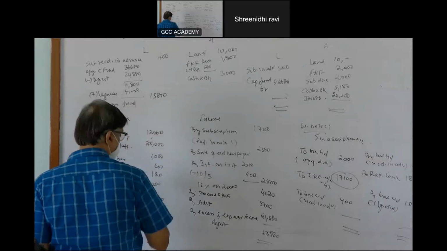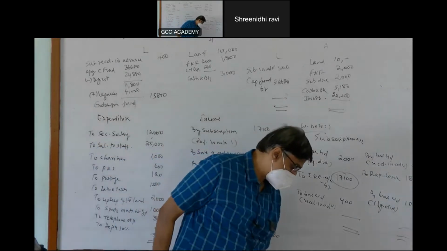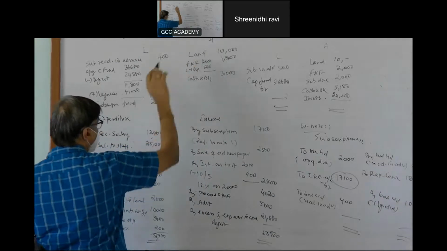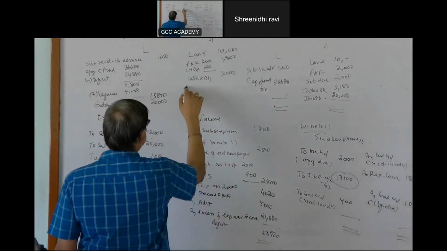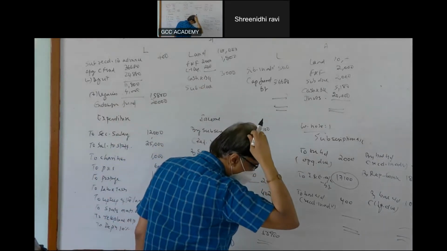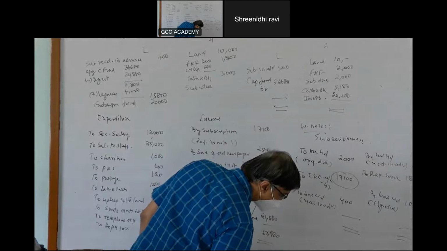How much? 20,000. So land, furniture, fixtures, subscription due, how much? Closing. Subscription received in advance is put. Subscription due closing, how much? 1,000.